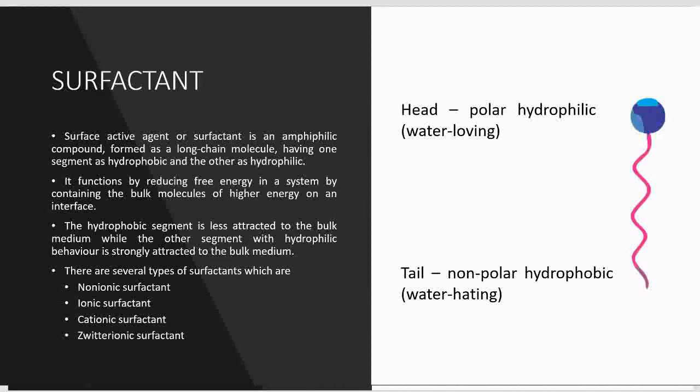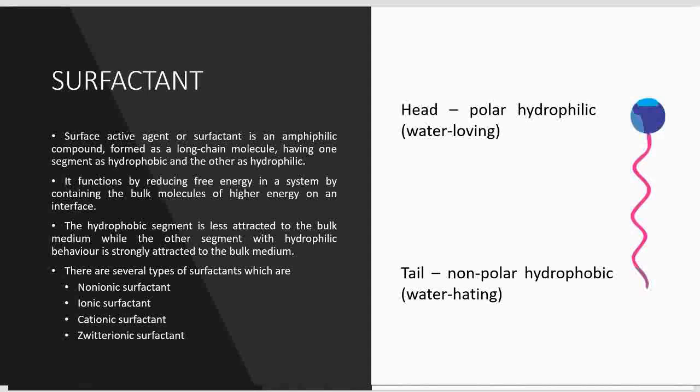There are several types of surfactants: non-ionic surfactants, anionic surfactants, cationic surfactants, and zwitterionic surfactants. All of them have the same hydrophilic and hydrophobic segments, but what makes them different is the head.